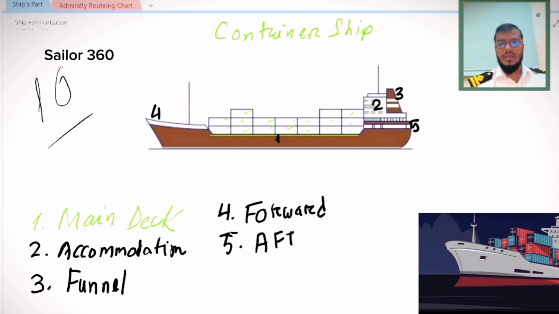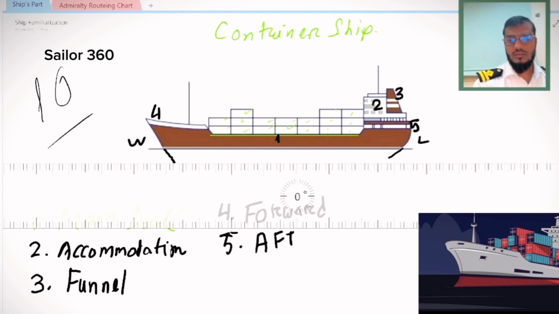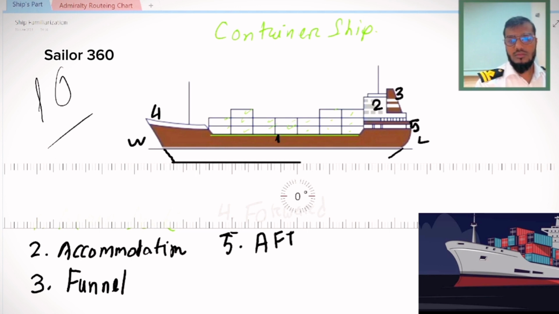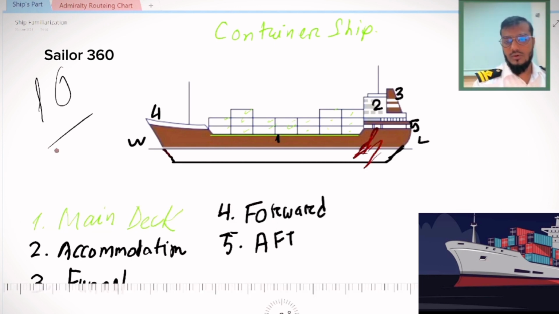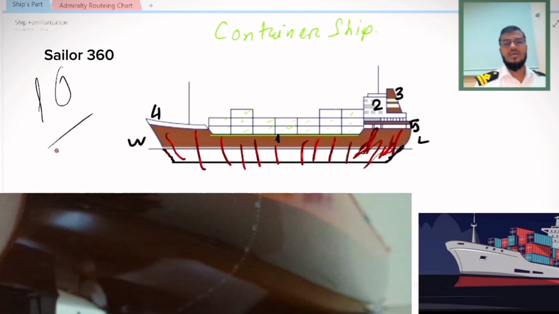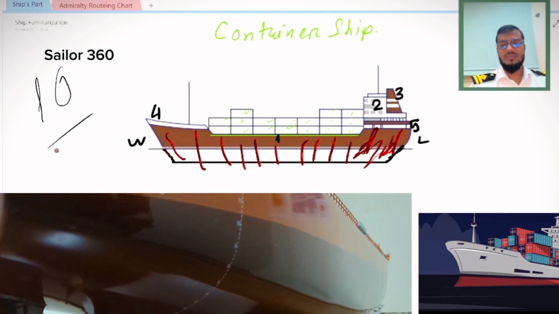Now, as you can see, this vessel is on the water, and we understand this is the water line, and below there is some part which is submerged. So this whole part, this full body, is named as hull of the ship.